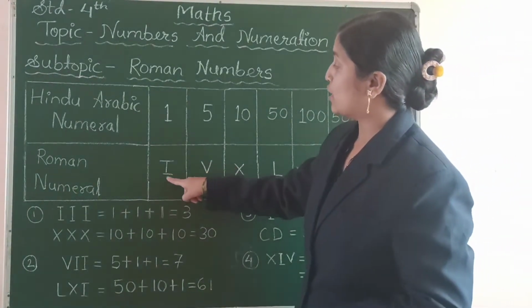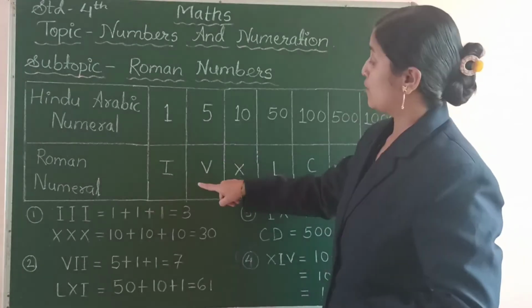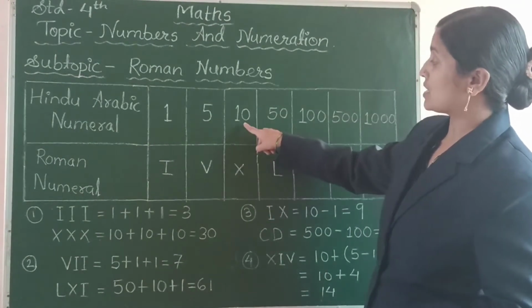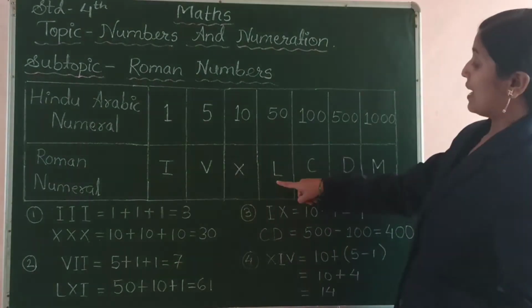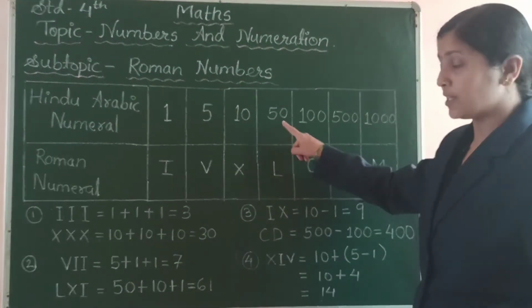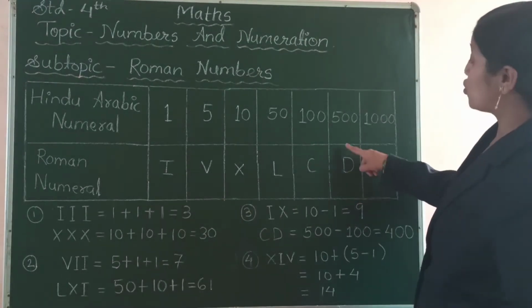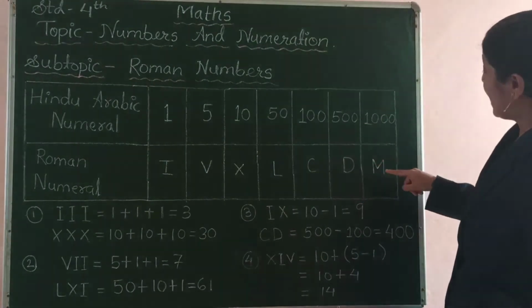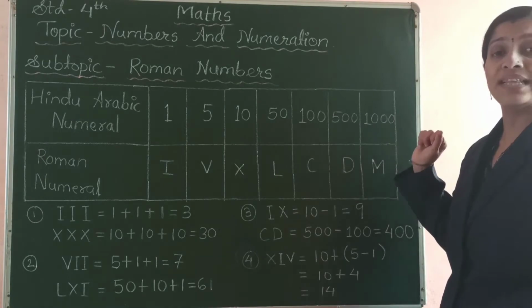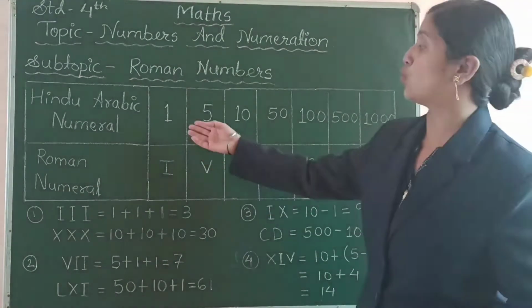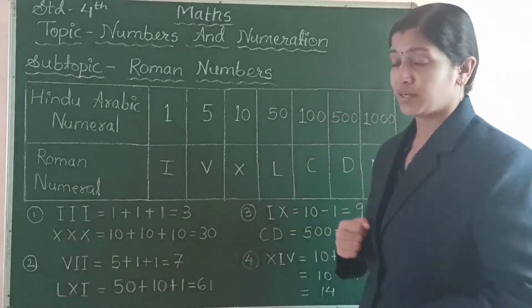So I denotes 1, V denotes 5, X denotes 10, L denotes 50, C denotes 100, D denotes 500 and M denotes 1000. So these are the 7 alphabets and they denote the above numbers.